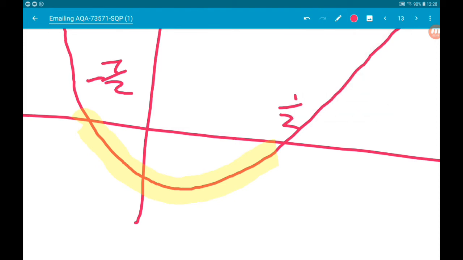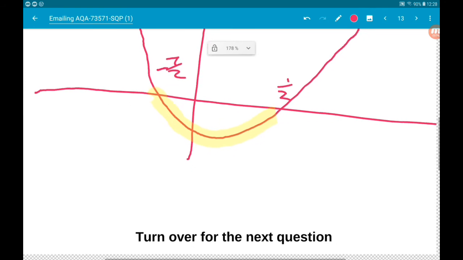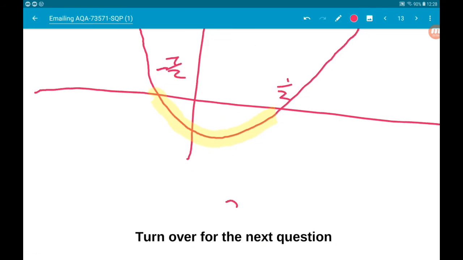So we want x values strictly greater than minus 7/2 and strictly less than positive 1/2.